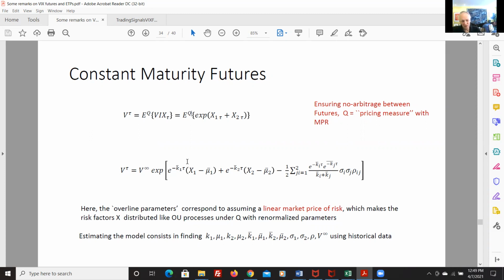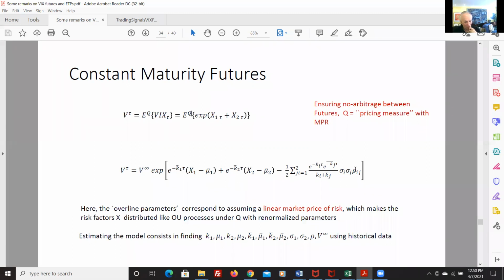So the basic idea of building the model is to use a log normal for VIX with two factors, which is very easy to compute explicitly. I know this looks horrible, but that's why we have computers. It says that the curve, as a function of the time to expiration, is going to look like this.